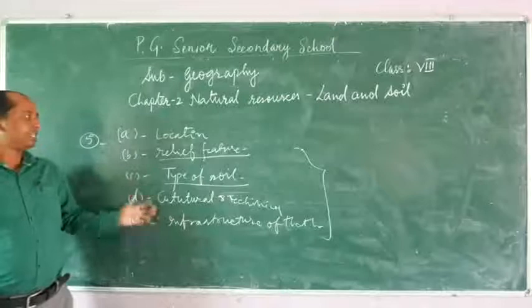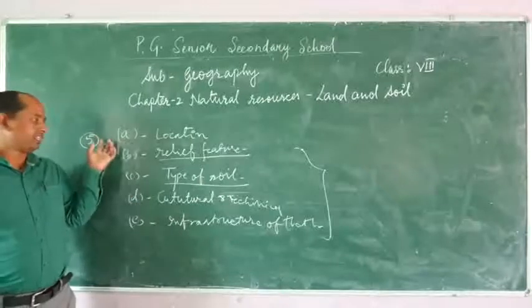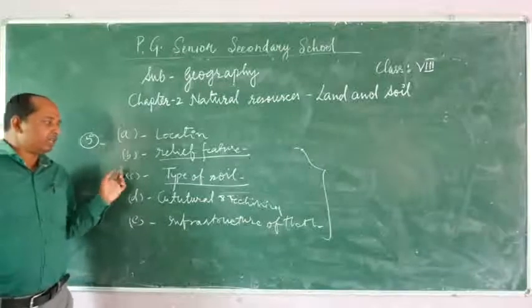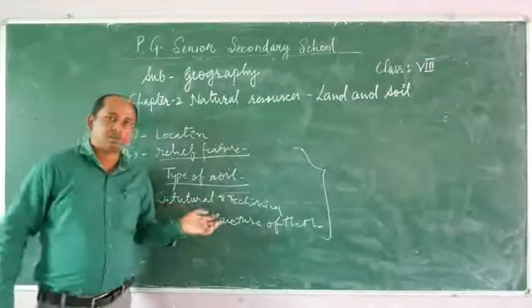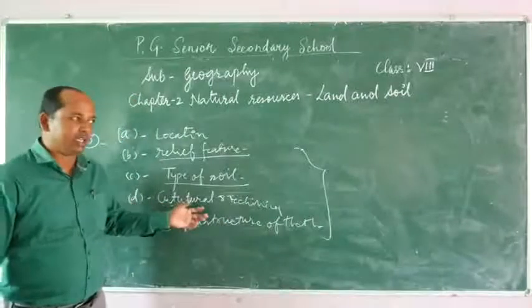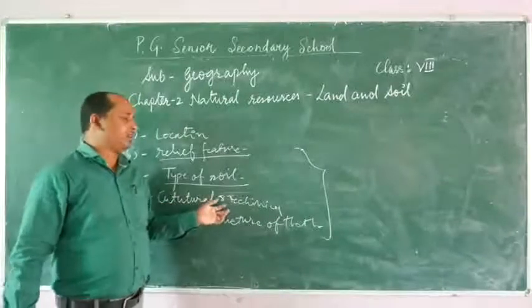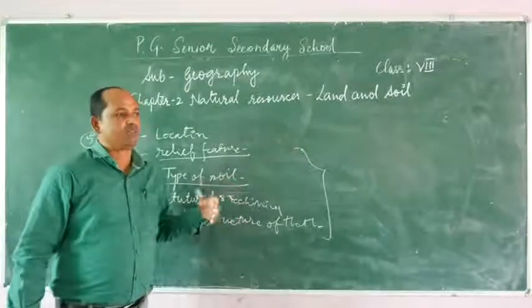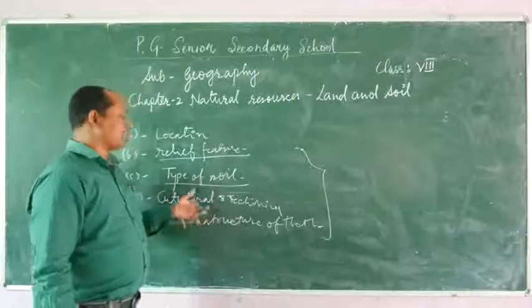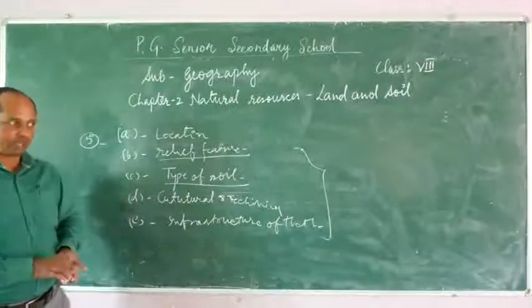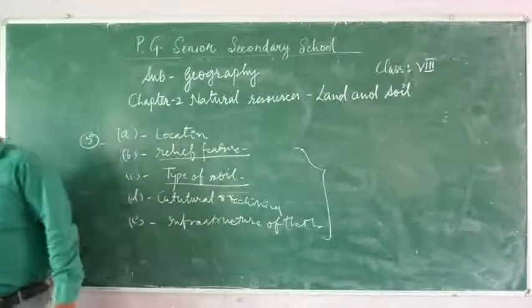Easily we can recognize that the land location is very important, the relief feature is also very important, which type of soil is there in a particular area is also important, and the cultural and technical know-how is also important. Because you can easily recognize that the more the technical and cultural development, the more the usage of land. And infrastructure is also a very important factor, we know that.